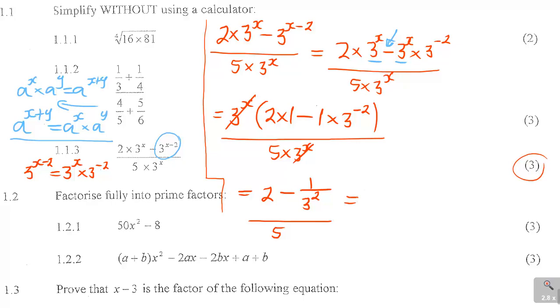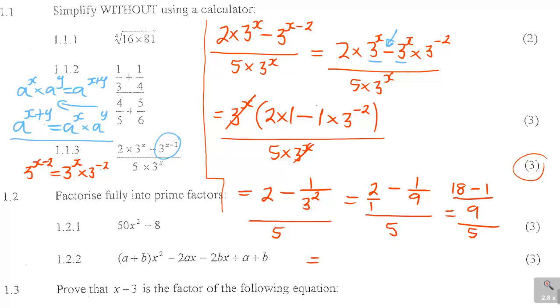So in this stage it is 2 minus 1 over 9, over 5. Now it's up to you to solve your fraction here. This is 2 over 1, which is equal to, common denominator on top, it's 9, and then 1 into 9 is 9. 9 times 2 is 18, minus 1, over 5.